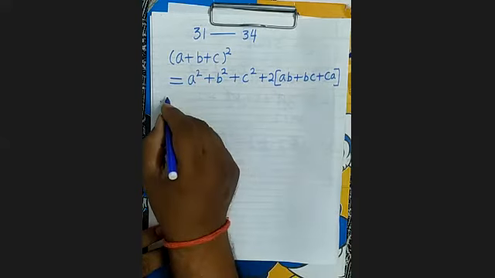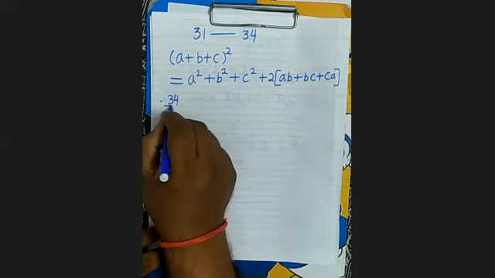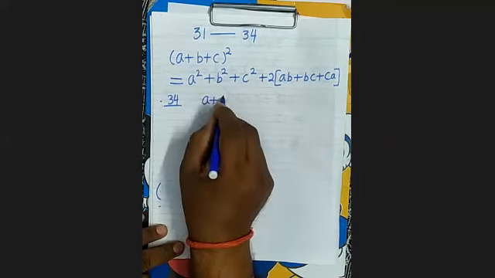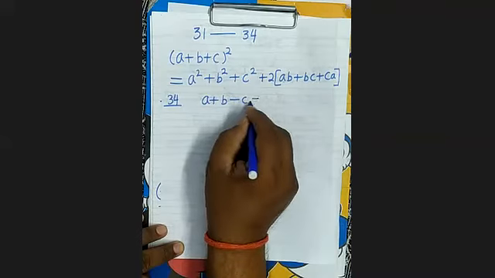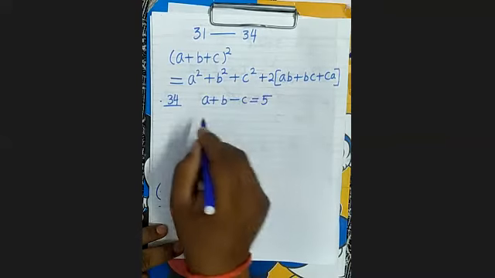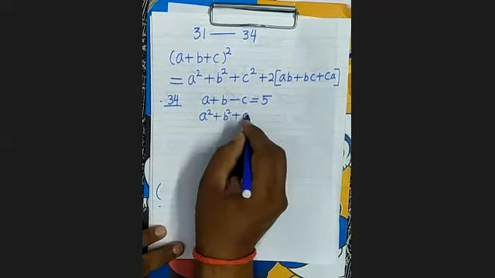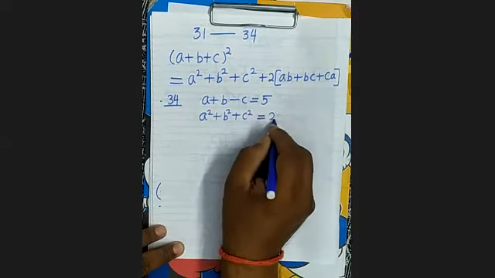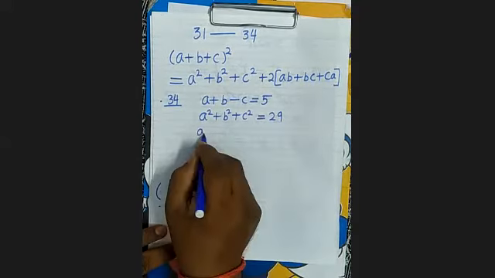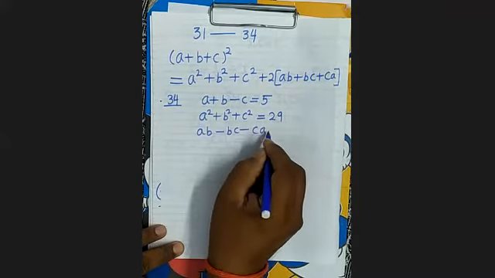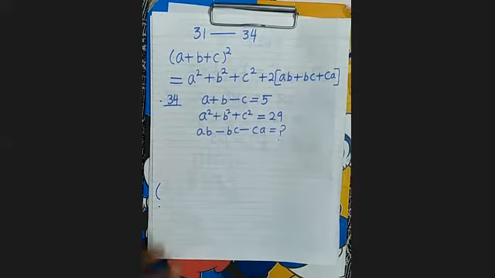Now see here, I'm taking question number 34. Here it is given a plus b minus c equals 5 and a square plus b square plus c square equals 29, and you have to find this value.